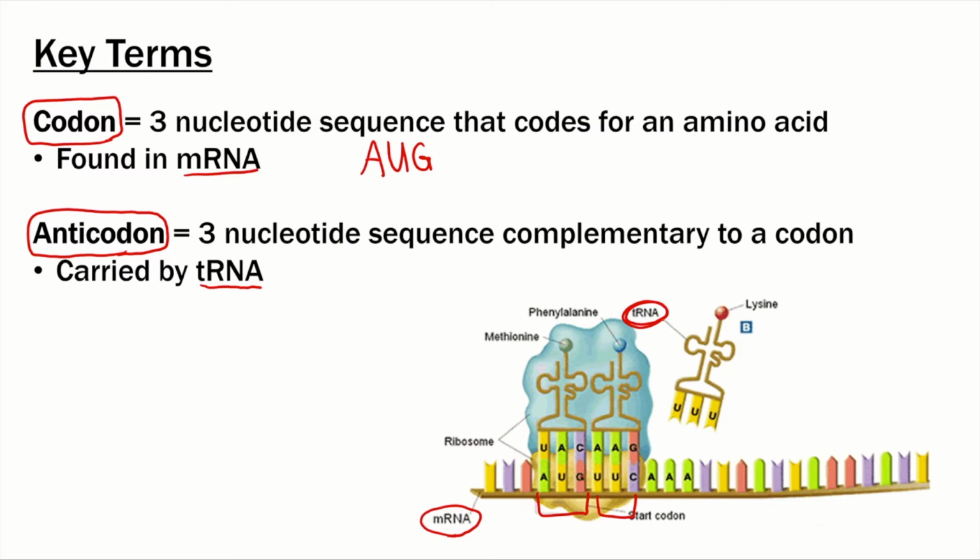So every tRNA molecule is going to carry an anticodon, which will match up with the codons of mRNA. And it'll also carry an amino acid. In this case, we have lysine here, so this is an amino acid. Every tRNA molecule will bring in an amino acid and an anticodon.